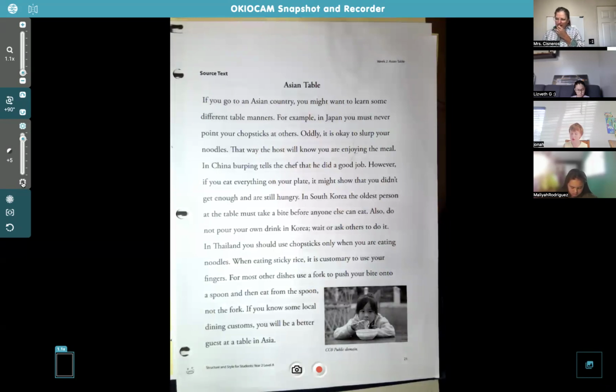In Thailand, you should use chopsticks only when you're eating noodles. When eating sticky rice, it's customary to use your own fingers. For most other dishes, use a fork to push your bite onto a spoon. And then eat from the spoon, not the fork.